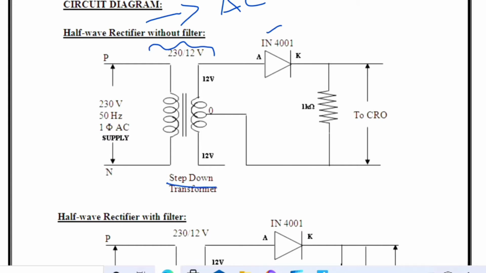This is a step down transformer, so that AC 230 volt single phase is given to the primary winding of the transformer, and due to the step down transformer we will get 0 to 12 volt. This 12 volt is essential to operate electronic circuits.